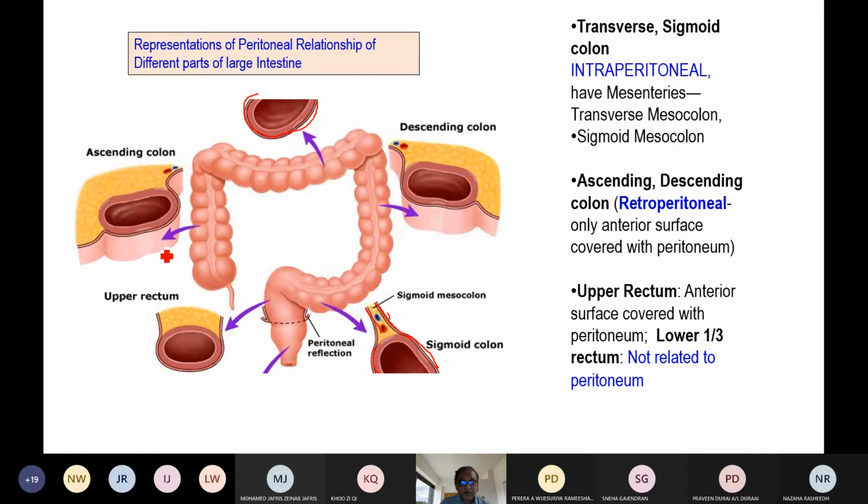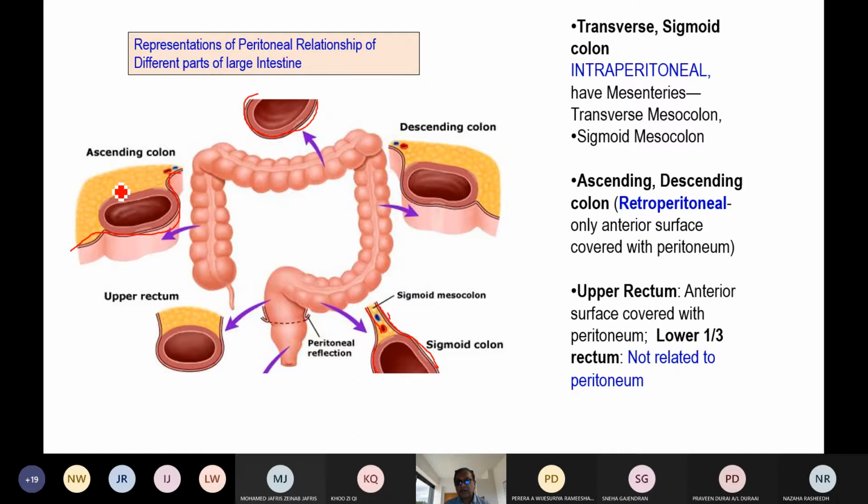One of the important things you must remember is that some of the structures in the abdomen are retroperitoneal. So you can see here that the ascending and descending colon become retroperitoneal because the peritoneum covers the anterior surface like this and then goes from right to left or left to right.